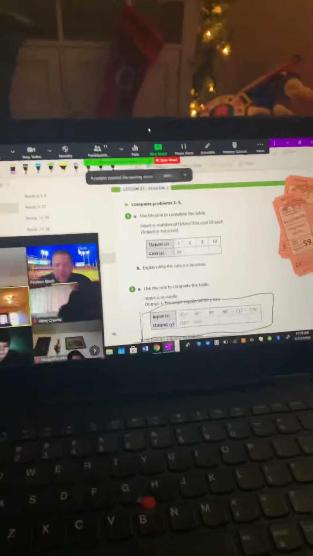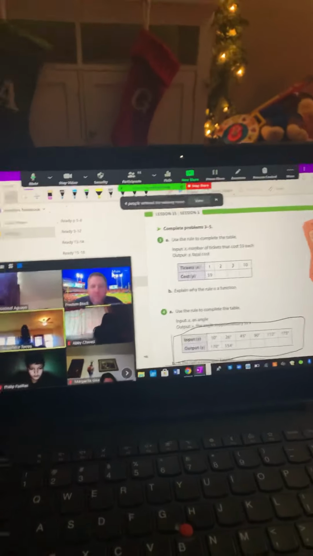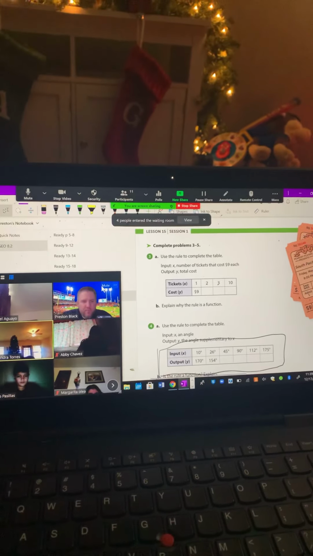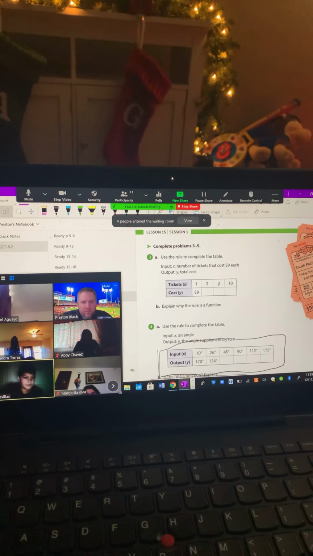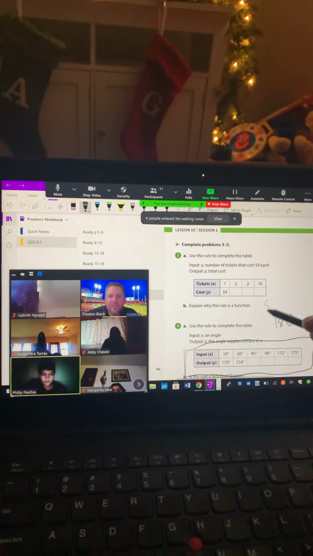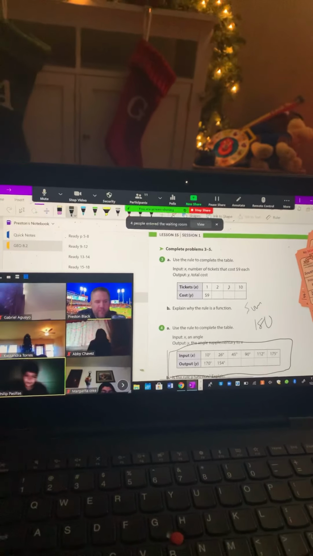Good. Philip, what was one thing that you noticed that was different? The sum of both of the angles, or 180. Okay. So the sum was equal to 180.